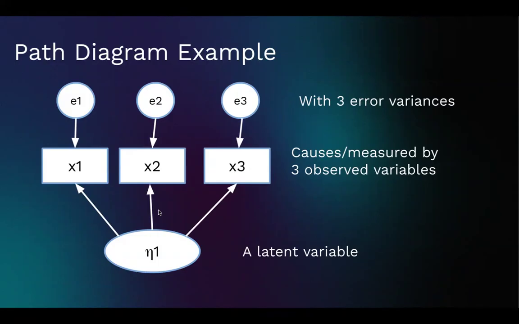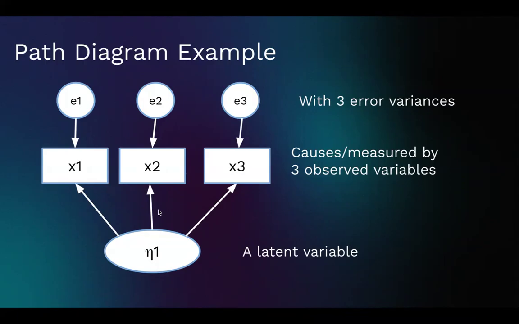We're looking here at measurement models. Eta 1 is a latent variable, shown as an ellipse. According to this graph, eta 1 causes observed variables x1, x2, and x3. So we can also think about eta as being inferred and measured by the observed variables x1, x2, and x3.